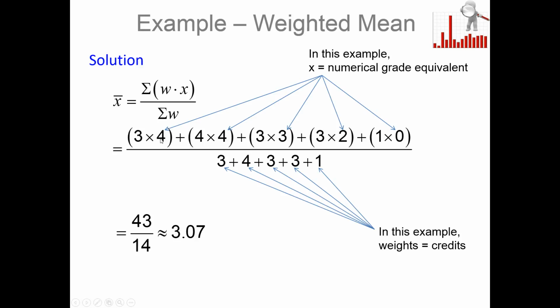This is the A in the 3-credit course, A in the 4-credit course, B in the 3-credit course, C in the 3-credit course, and an F in a 1-credit course. And then these other numbers are the credits, okay? And then those credits are summed in the denominator. So in this case, the student's GPA is a 3.07, okay?